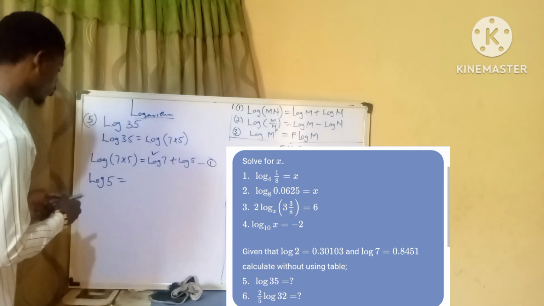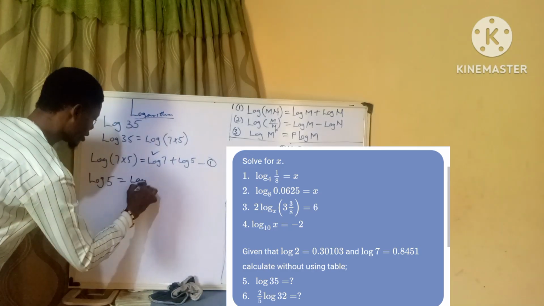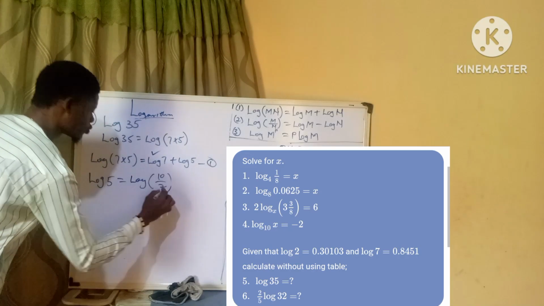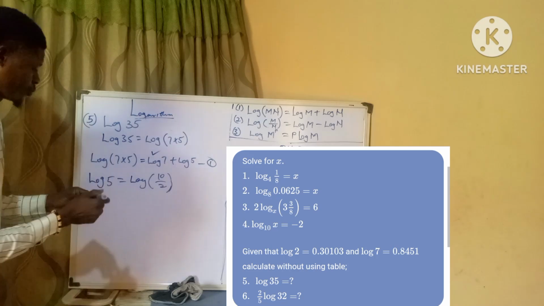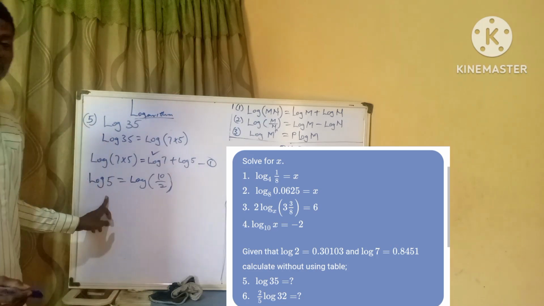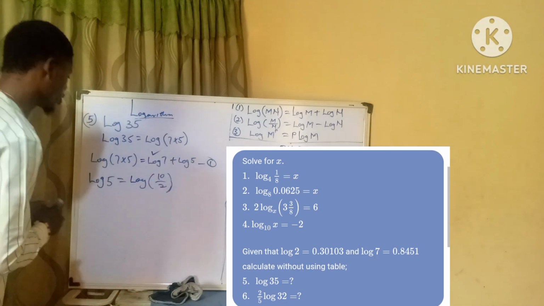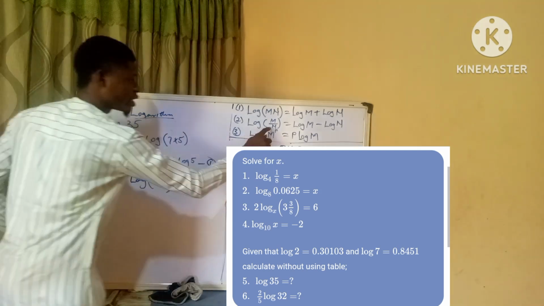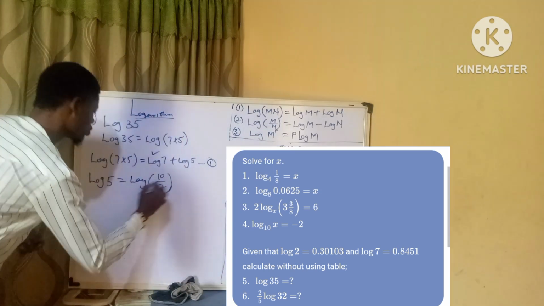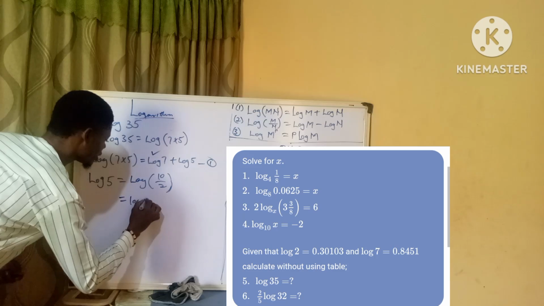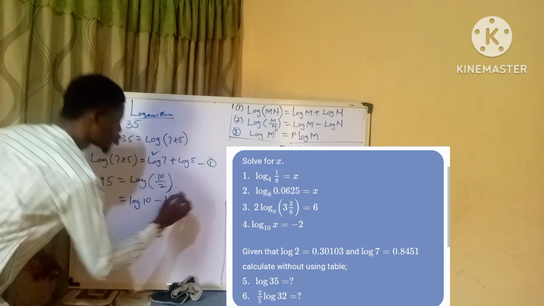How do we do that? Let's just turn it to a fraction, log of 10 over 2. 10 divided by 2 will still give you 5, so nothing has changed. Since it is division, don't forget the rule, it turns to minus. So this will give you log 10 minus log 2.